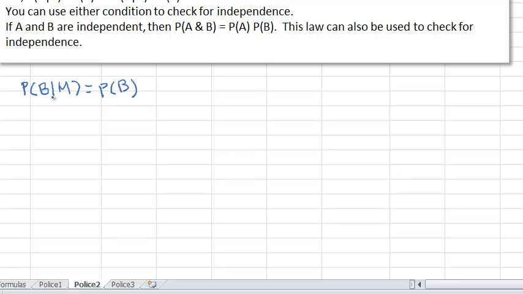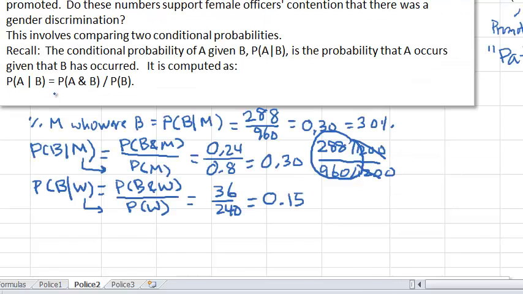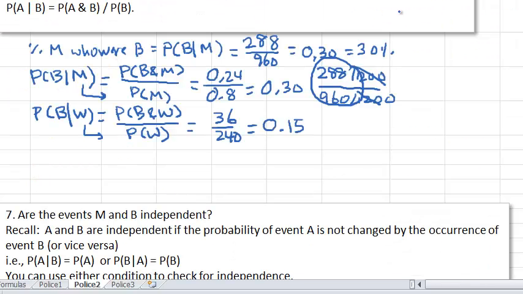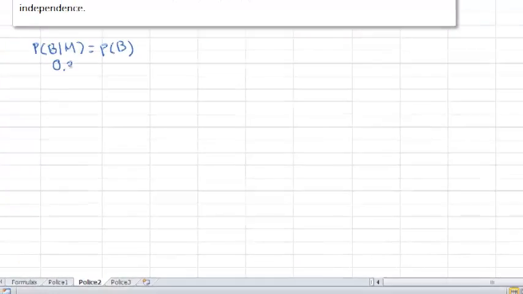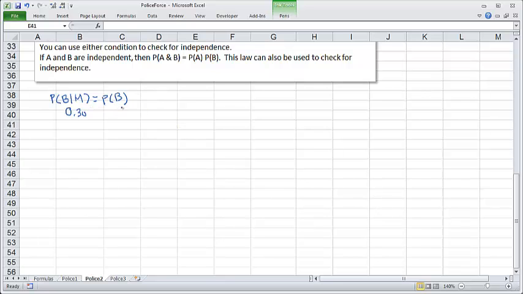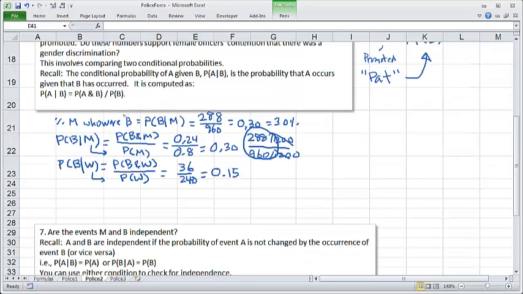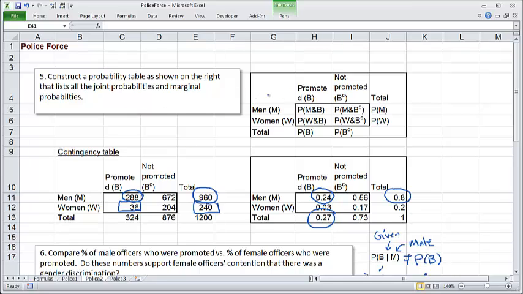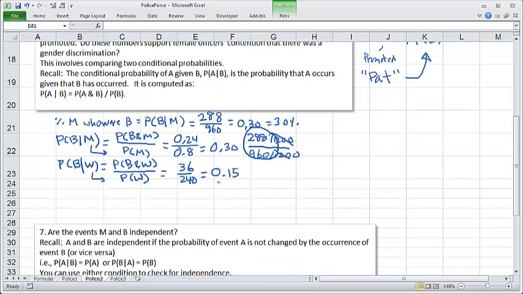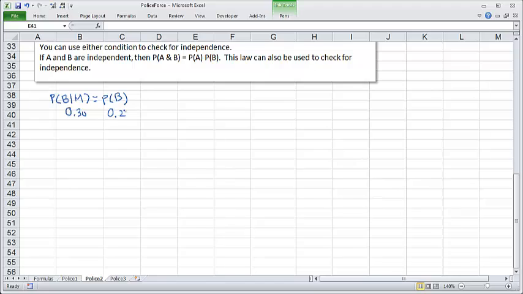Now this one we know, let's go up, is 0.3, and we know that the probability of promotion was over here, 0.27. They are definitely not equal to each other. So we would conclude that M and B are not independent.